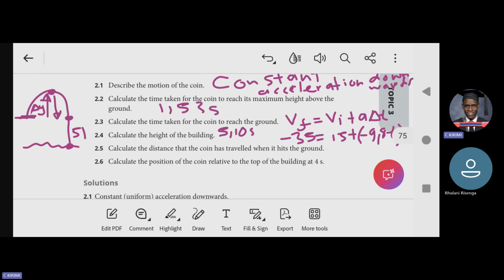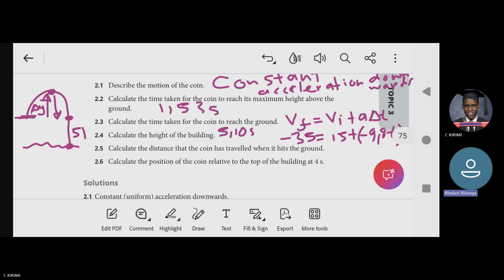For 2.4, yes, you are correct with that one. Then if I multiply it by 2, it's 22.96 meters above the ground. Then when you add it to 51, you get what?